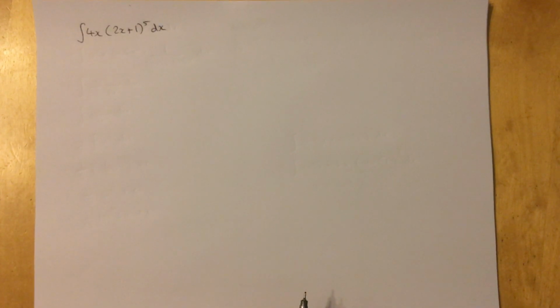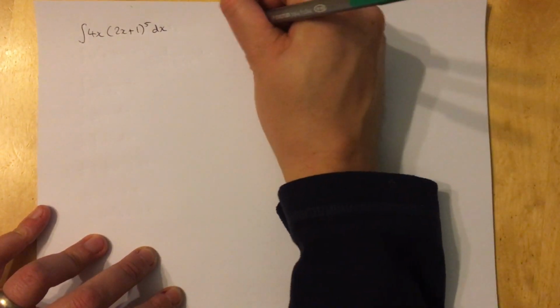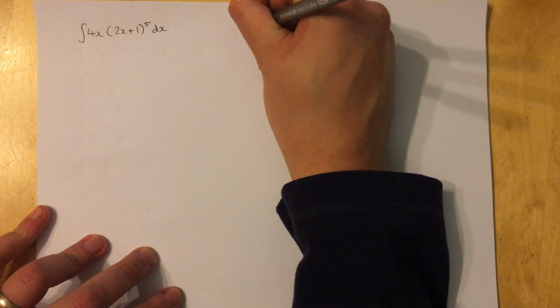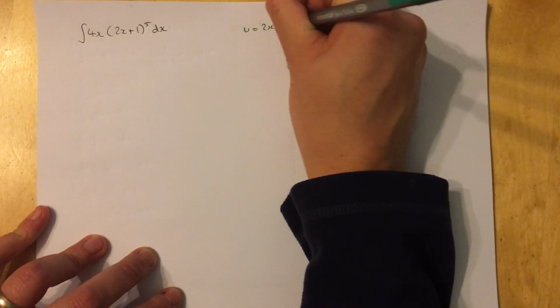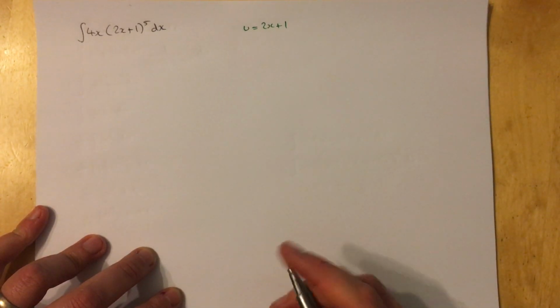So what we said in the last one is when you're trying to choose a substitution to make, try and identify an inside function and use that as your substitution. Okay, so my substitution is 2x plus 1. So I'm going to say that u is 2x plus 1. Okay, and as last time, we deal with the substitution before we do anything else.